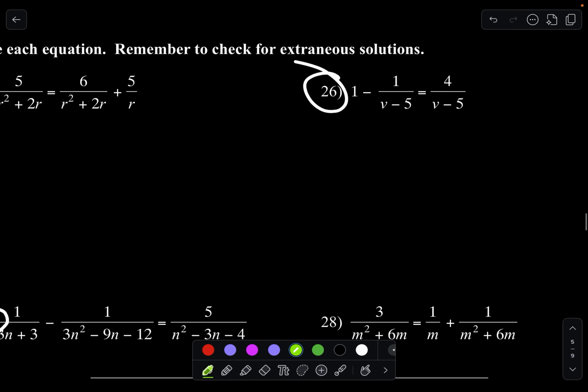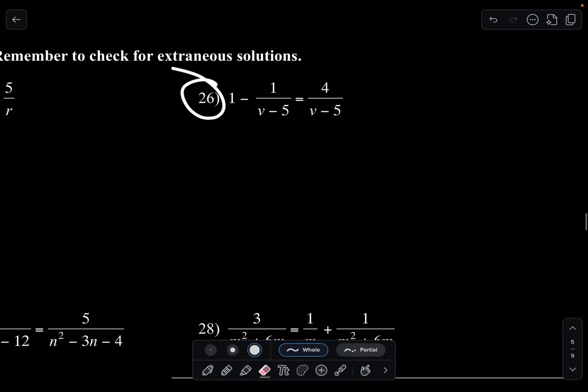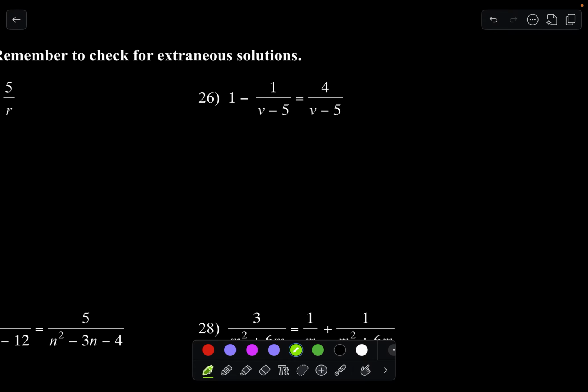Okay, continuing on, 26. Now we're solving equations. The easiest way is to multiply everything by the LCD of all the fractions. So the LCD is v minus 5. You still got v minus 5, but you already have that, and there's just a 1 there. So we multiply everything by v minus 5.